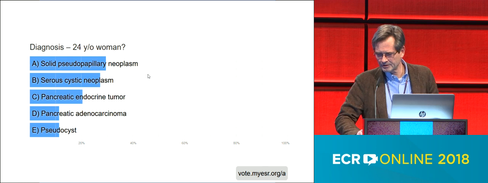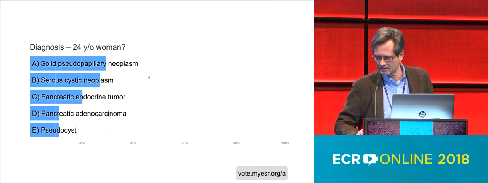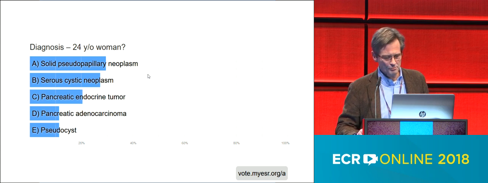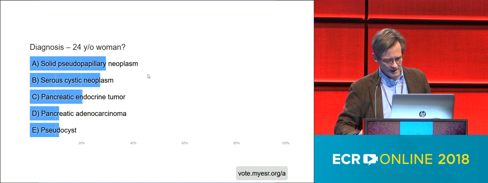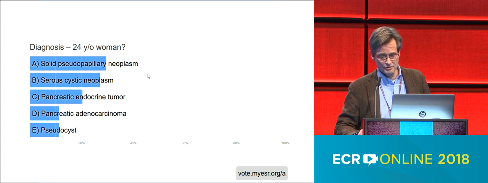So, very good. The differential diagnosis that was raised was between an SPN and a serous cystic neoplasm. Once again, the age is in favor of A and not in favor of B. The imaging appearance is not specific for one or the other.